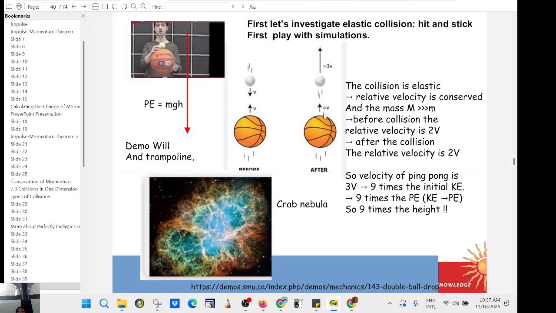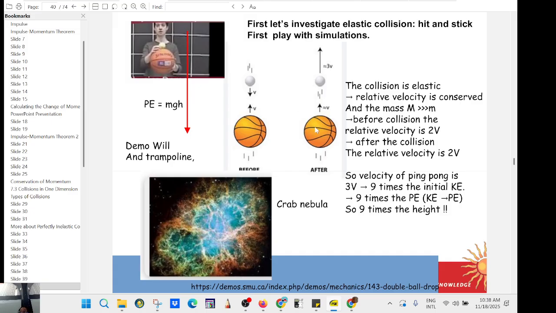As a consequence, when you have a collision in 1D, and it only works in 1D, and the collision is elastic, so kinetic energy is conserved, then the relative velocity stays the same before and after the collision. For example, here the relative velocity is 2v.